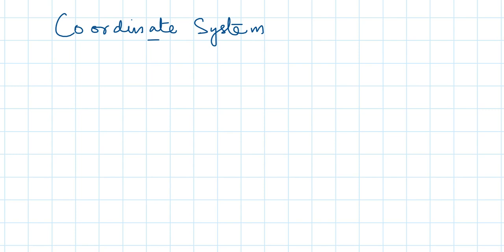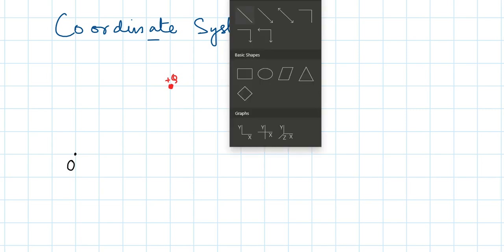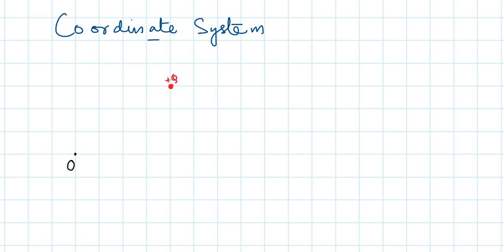So let us introduce a coordinate system. For that I can mark an origin anywhere in this two-dimensional space. So let me just select this point O as our origin, which is the reference point, and let one of the charges of the electric dipole be plus Q and be located here, and let the position of plus Q from O be marked using a vector, and I will call it vector R1.